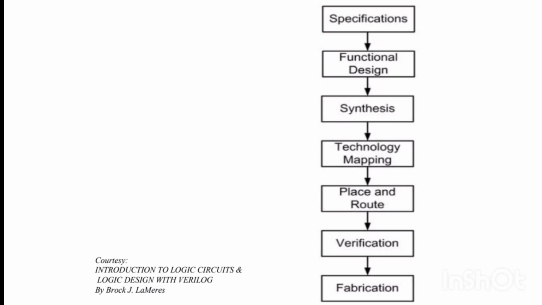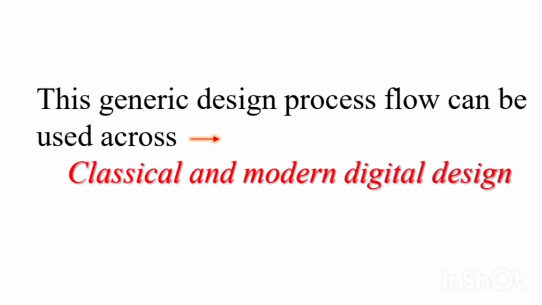Once the design is verified, it can be implemented, and this is known as fabrication. The implementation can be performed in the form of ASIC, that is application specific integrated circuit, or programmable devices can be used, or board level implementation can be done. The generic design flow discussed so far can be applied across classical and modern digital design flow.